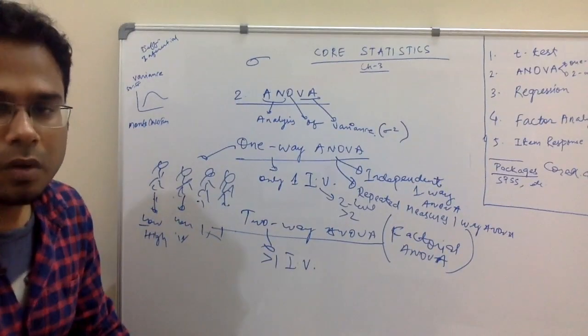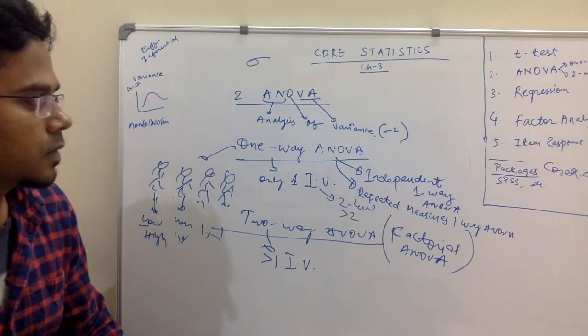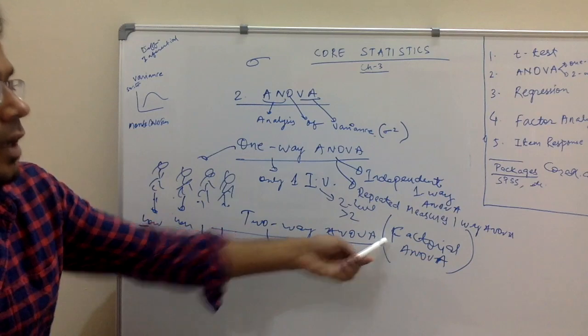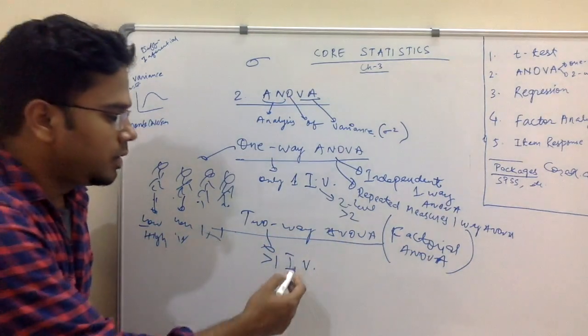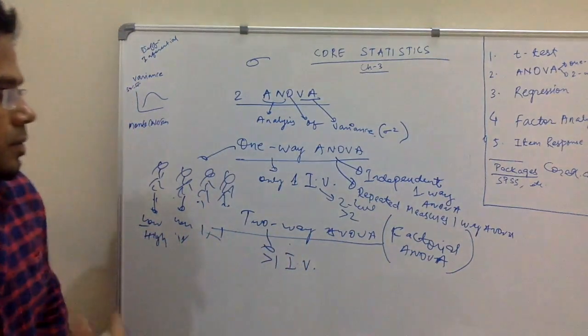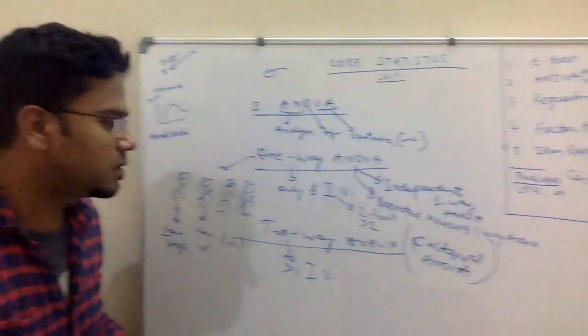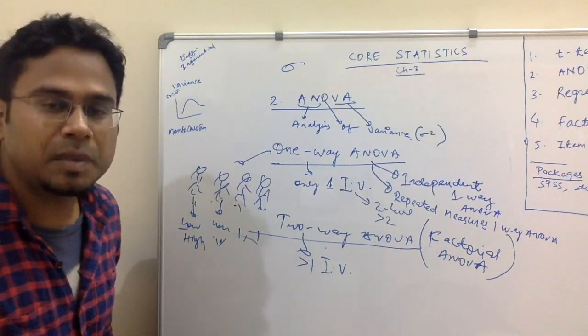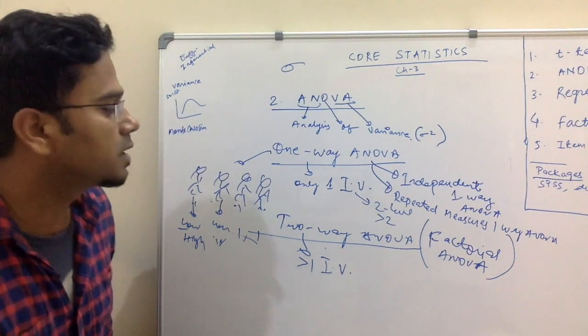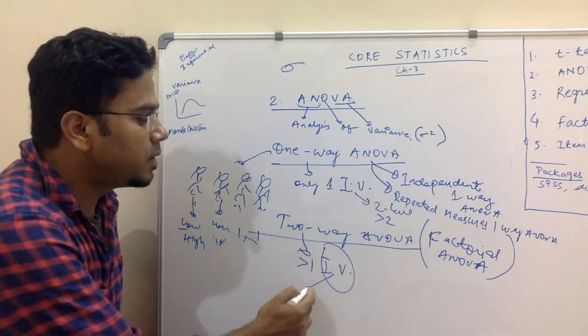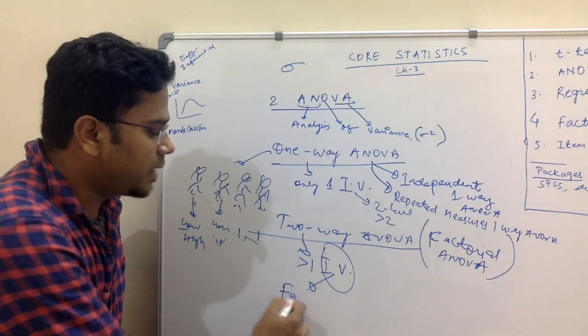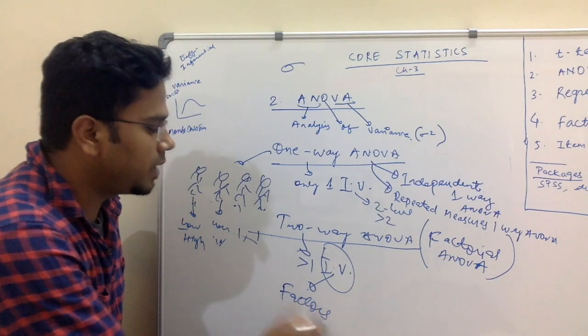Also, why this was called factorial ANOVA is that this two-way ANOVA is called factorial ANOVA because of these independent variables. Now sometimes the terminology in statistics gets confusing. These independent variables are also called factors, right?